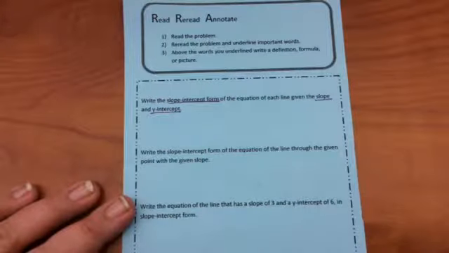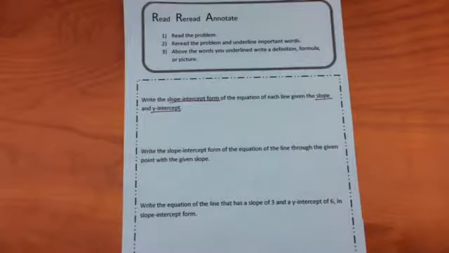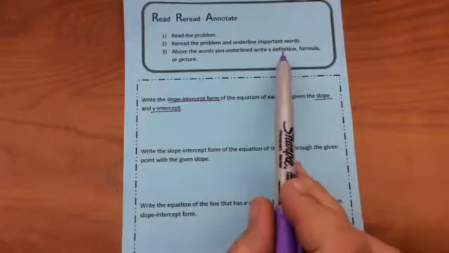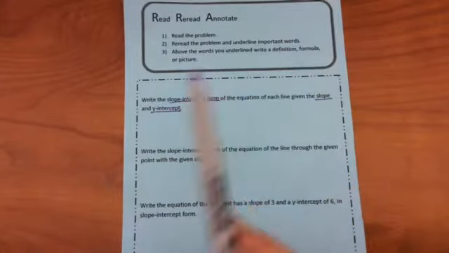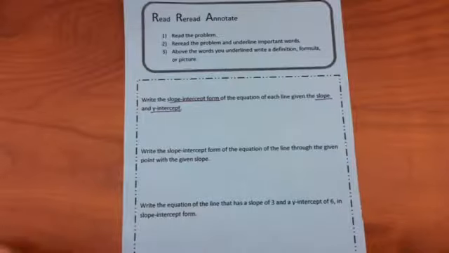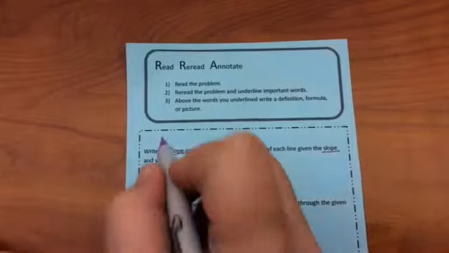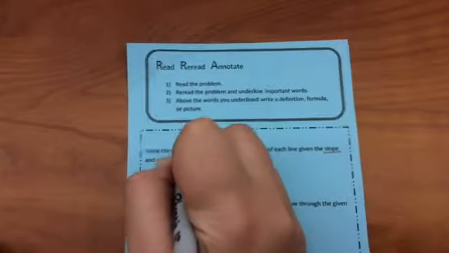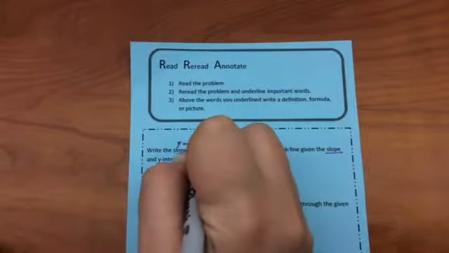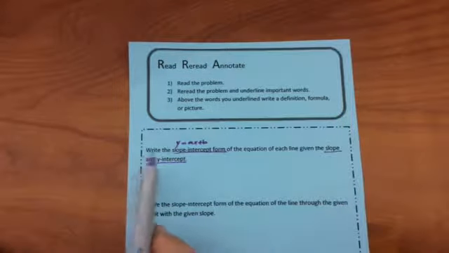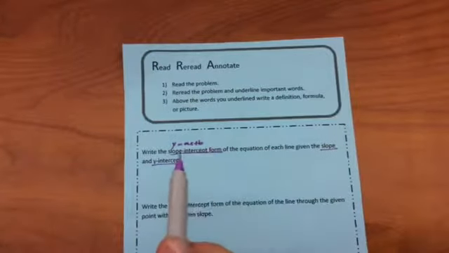I'm going to look at each of my underlined words, and I want to write down something, a definition, a formula, or a picture, something that's going to help me. So slope-intercept form, if I need to remember what that is, I can look it up in my notebook, but if I have done that already, I might remember that it's y equals mx plus b. They're asking me to write that, so I know my answer is going to be in that form.